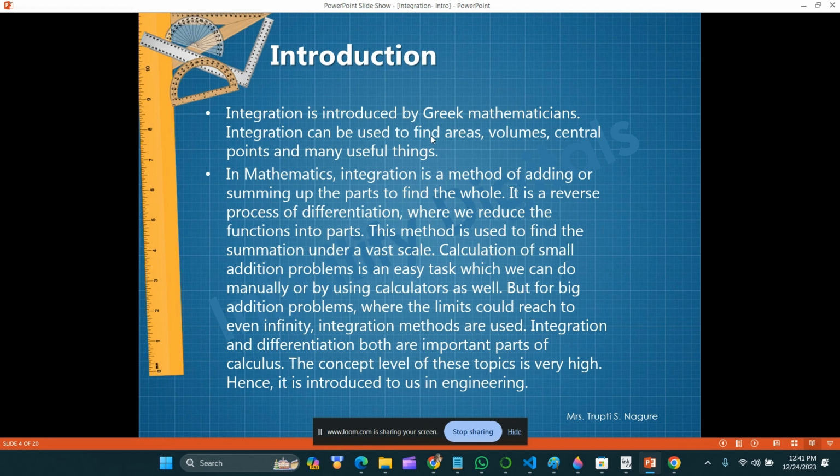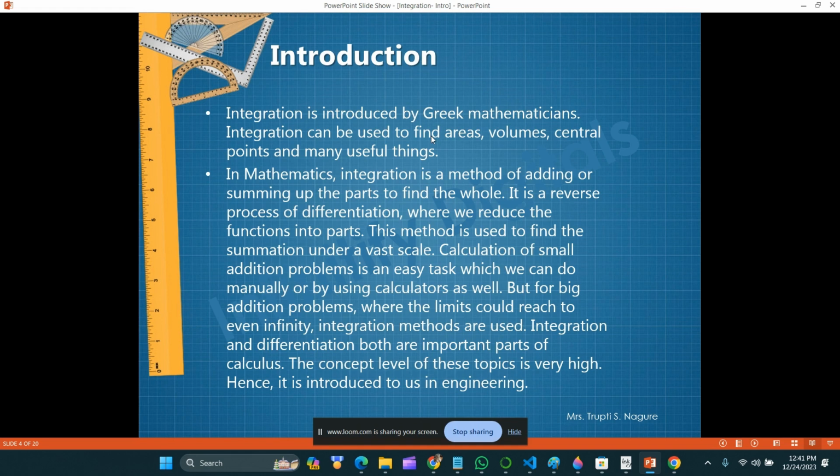Means we have to make some small parts, then add those parts and make it as integration. Just as we have seen, to find area, we make some small parts, and after adding all these parts, we can find the area of the whole. This is called integration.